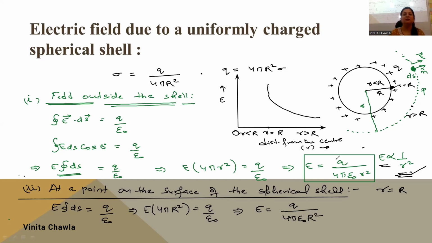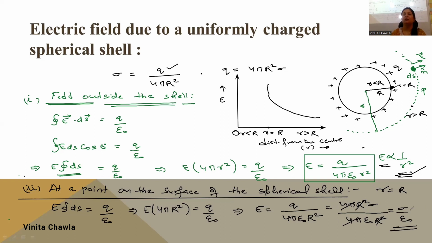Now, when we consider this point P on the surface, you can write this q in terms of surface charge density. Why are we writing like this? Because 4 pi and R square will cancel, and we will get a simpler formula. Because on the surface we have charge present, so we can write charge in terms of surface charge density. So 4 pi cancels with 4 pi, and R square cancels with R square, and we are left with sigma upon epsilon naught.